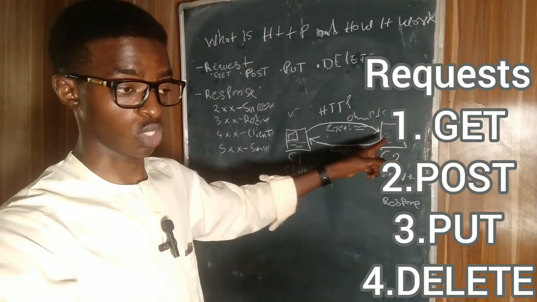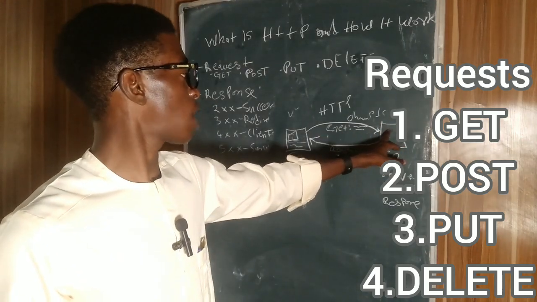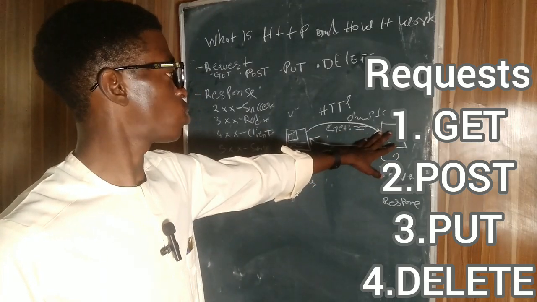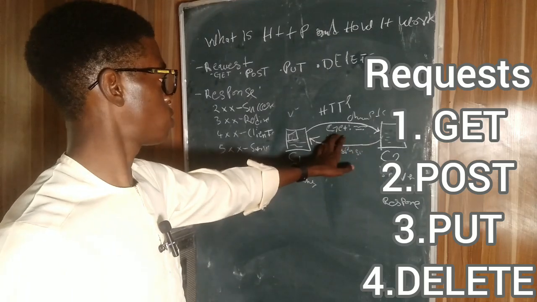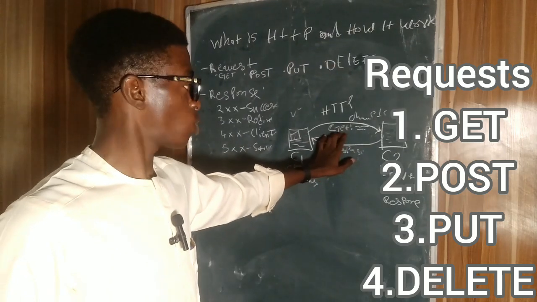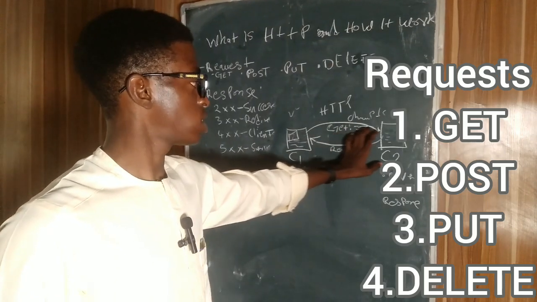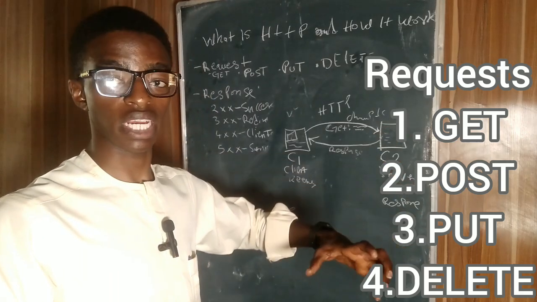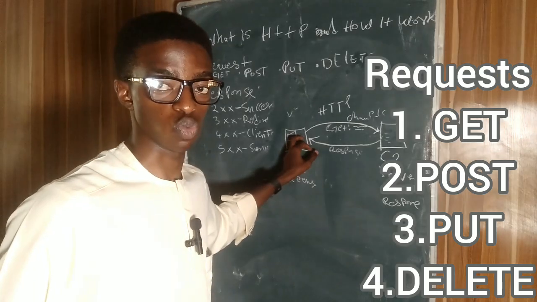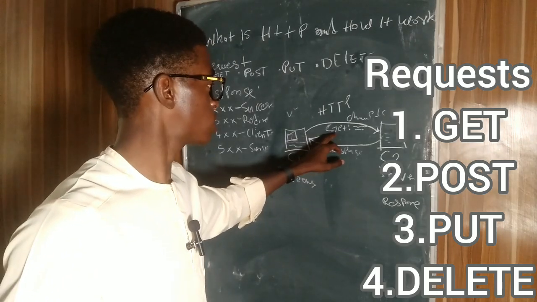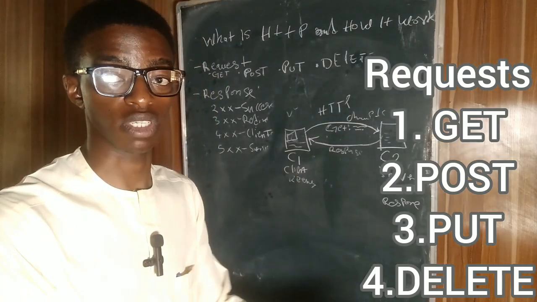When the server receives this, it checks which kind of request it is and sees that it is a GET request. Then it finds that chemistry textbook and sends it back to you. So when you make a GET request, that means you need something from the server.